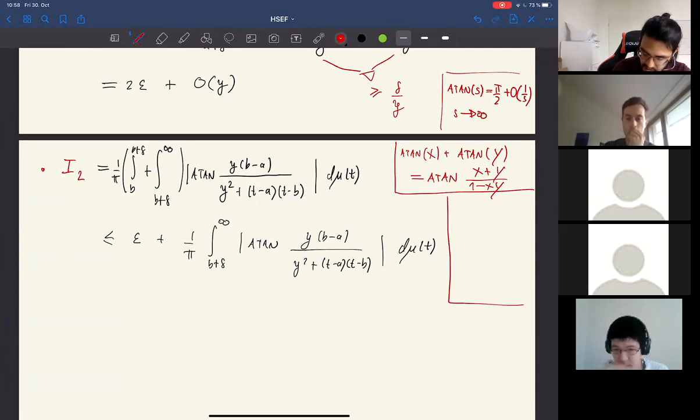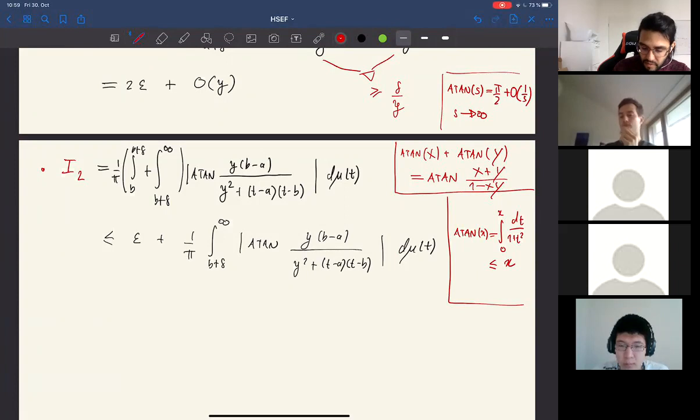Arctan, well, its derivative is 1 over 1 plus t squared, so this is definitely bounded by this. Therefore you just bound this t squared, you remove it. So this would be just the integral from 0 to x, so this is just bounded by x. Very simple. It means that the derivative at the origin is like x.